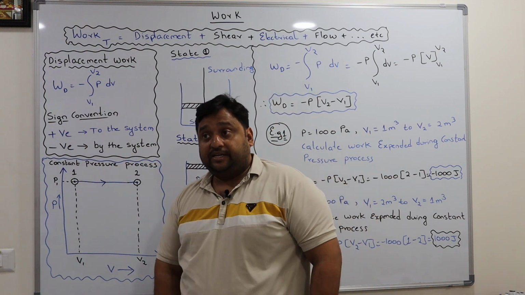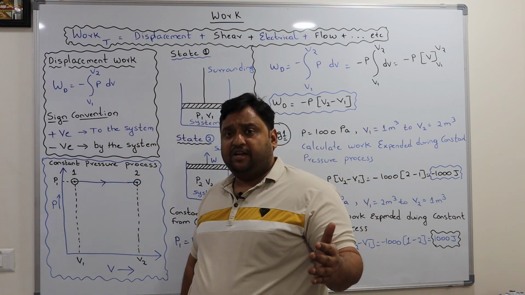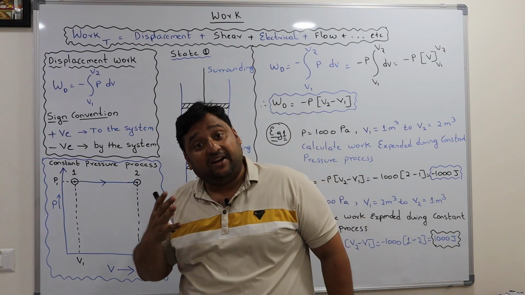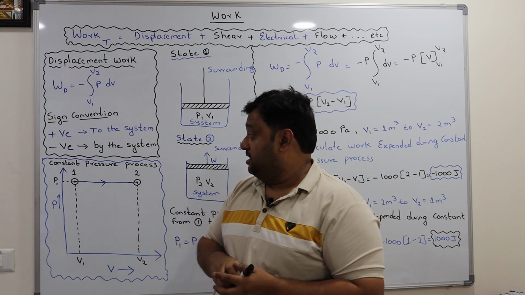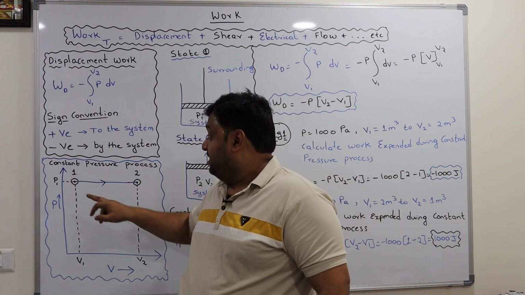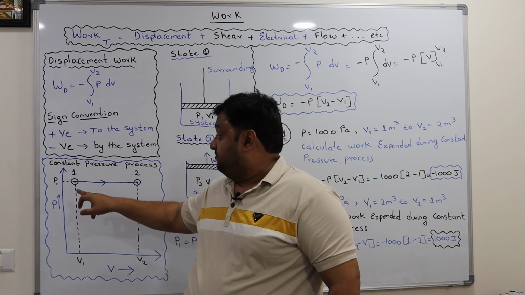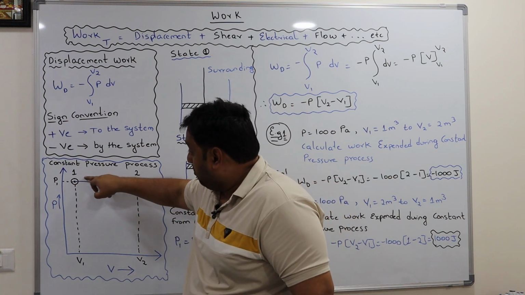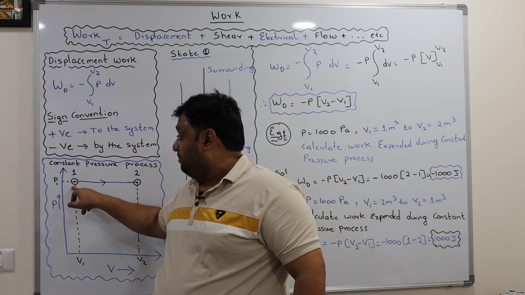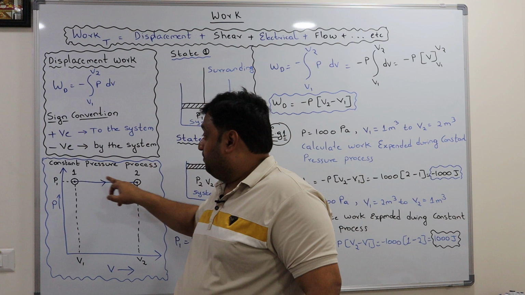So to deliver the concept, I told you, right, you can bring the system from state 1 to state 2 by different methods or different processes. Let us take an example. We brought the system from state 1 to state 2 by a constant pressure process. You see, in the initial state the pressure is P1, and in the final state the pressure is also P1.